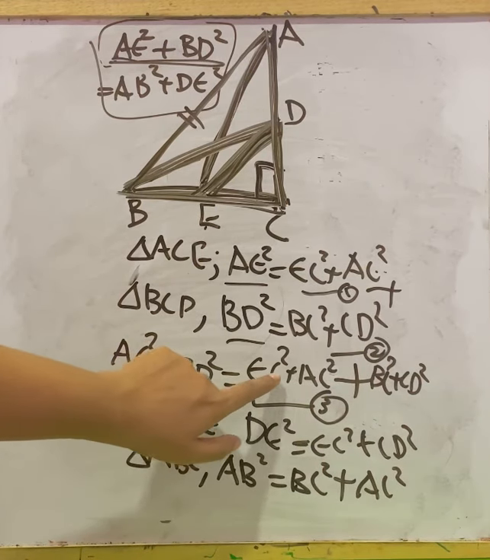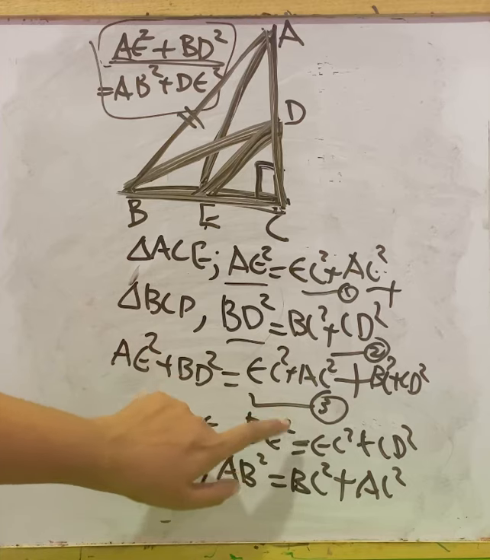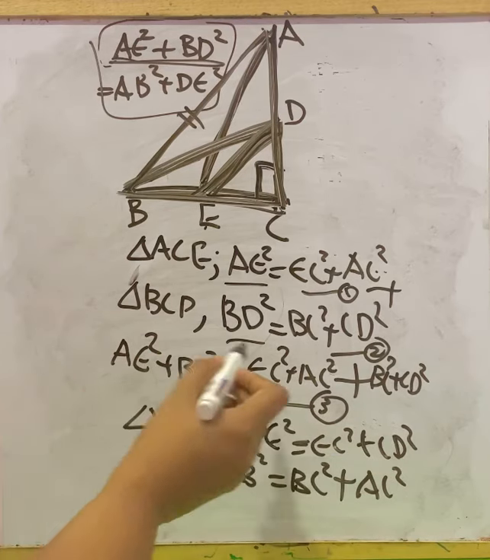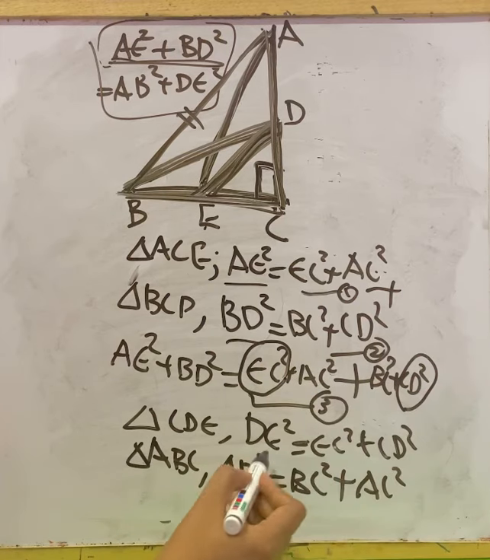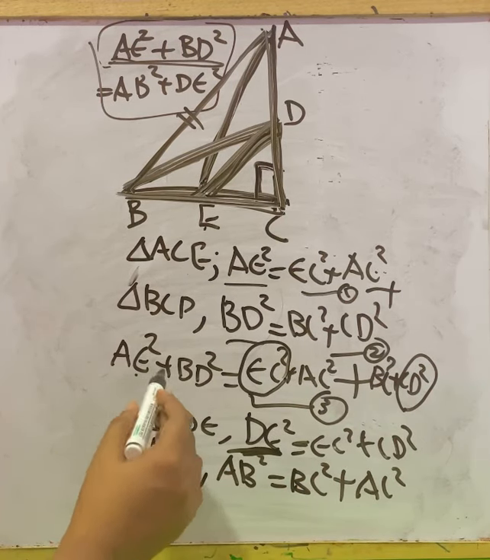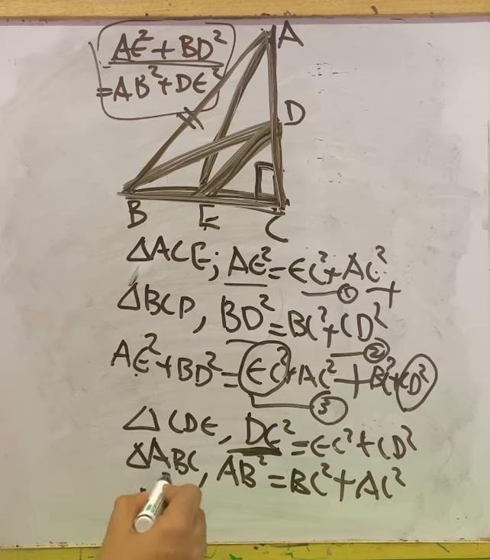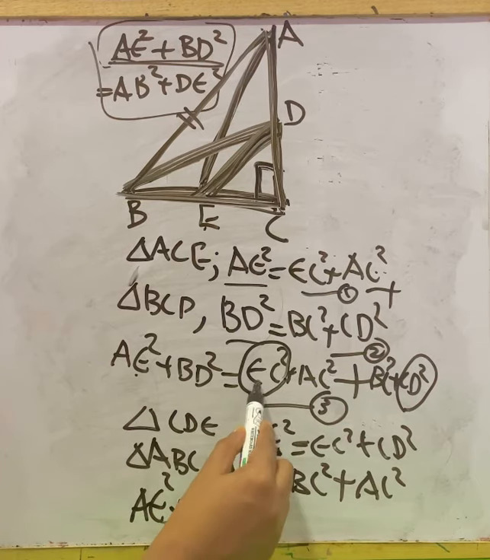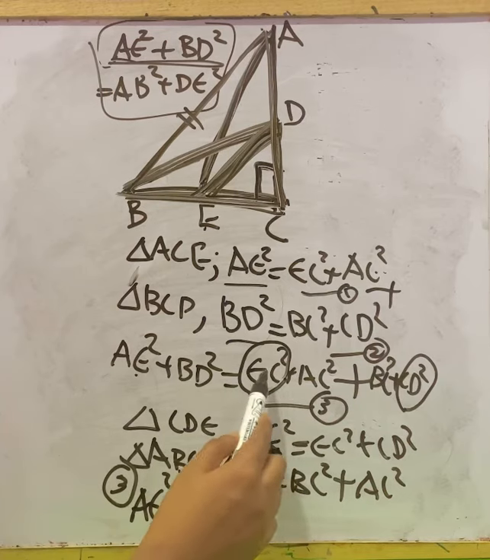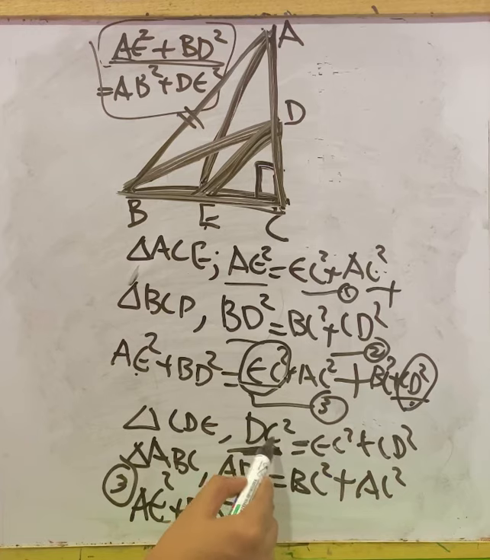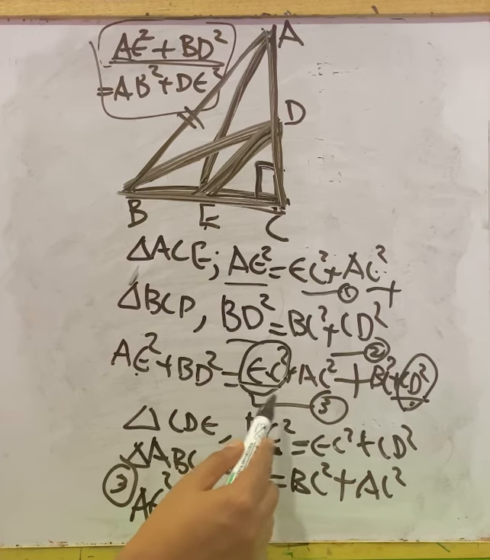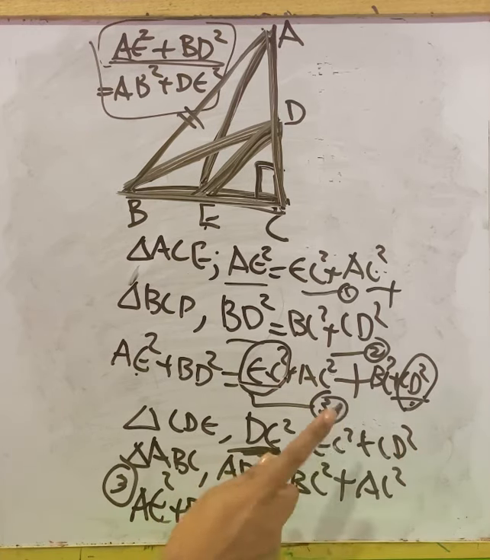Now look here, in the third equation we have EC square plus CD square. Instead of that, we can write DE. So on the LHS we have AE square plus BD square, and on the RHS in equation 3 we are considering EC square and CD square.